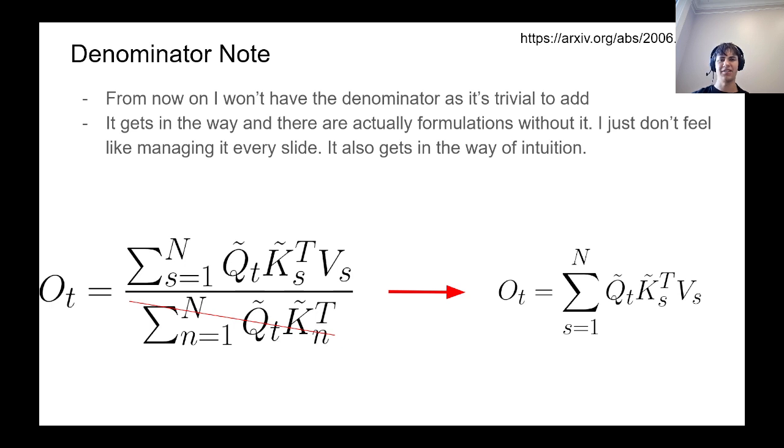It just gets in the way. It removes from the abstraction I'm trying to build and the intuition I'm trying to build. So I'm removing the denominator, but it does work if you add it back. You also don't need the denominator. Side note, I'm just removing it. It gets in the way.